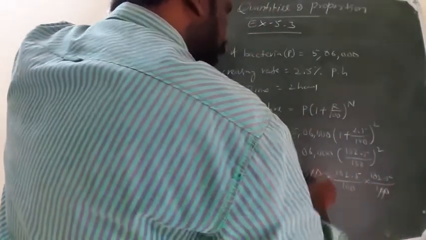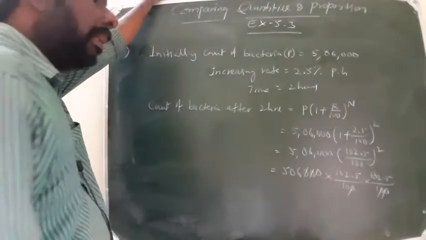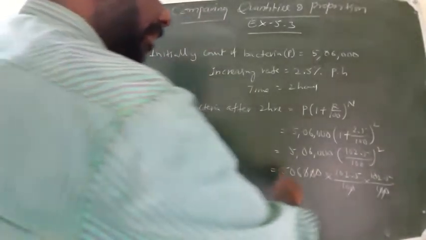Zeros cancel. Now you have to multiply all these things.